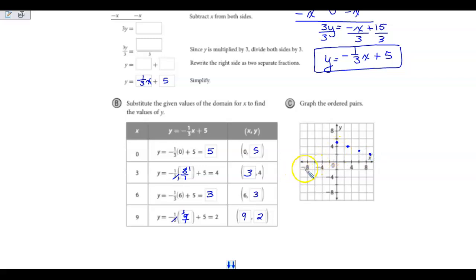Okay, so I've graphed my ordered pairs. That's approximately what they are. Is this a function? Yes, it is. If I do a vertical line test, I have only one output for every input.